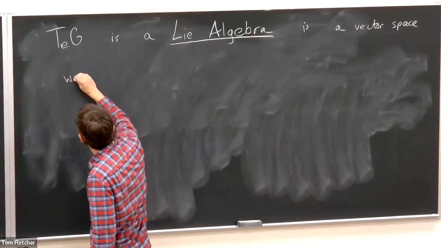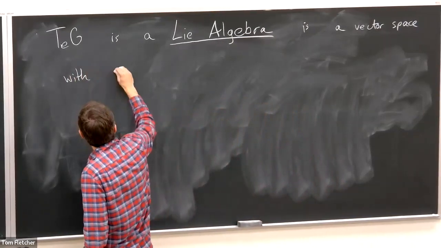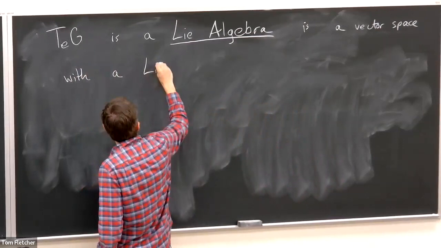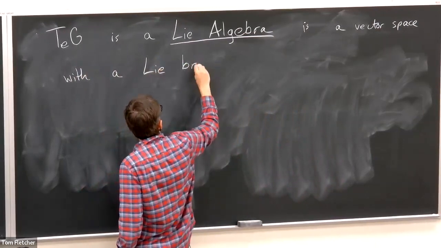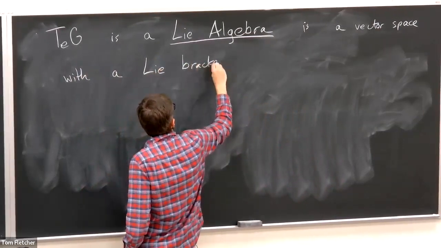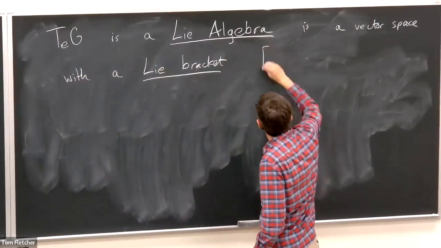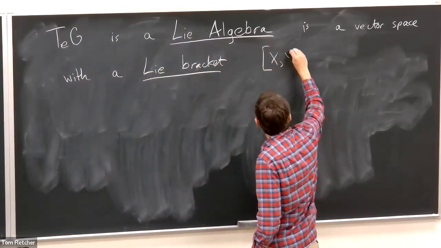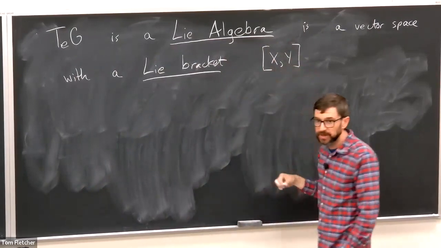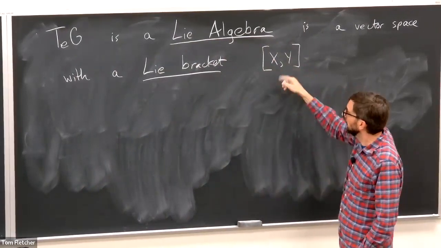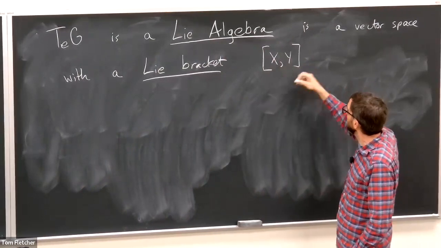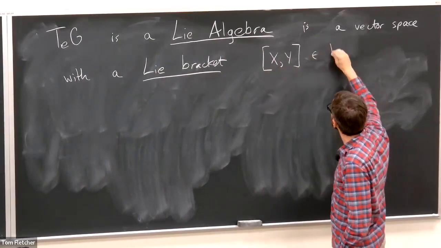So it has a binary operation called a Lie bracket. I can take two tangent vectors, two elements in my Lie algebra, and multiply them together with this bracket operation. This will give me another tangent vector.